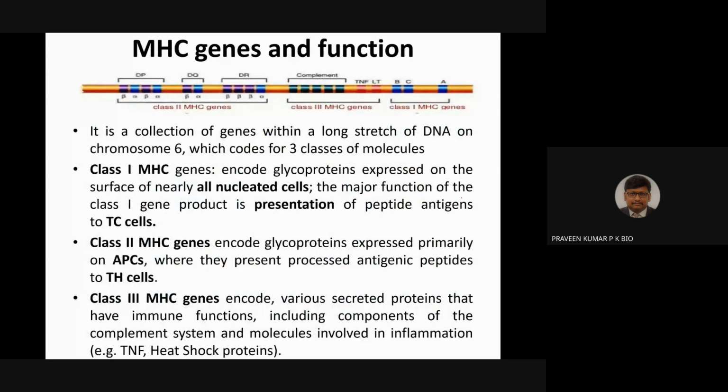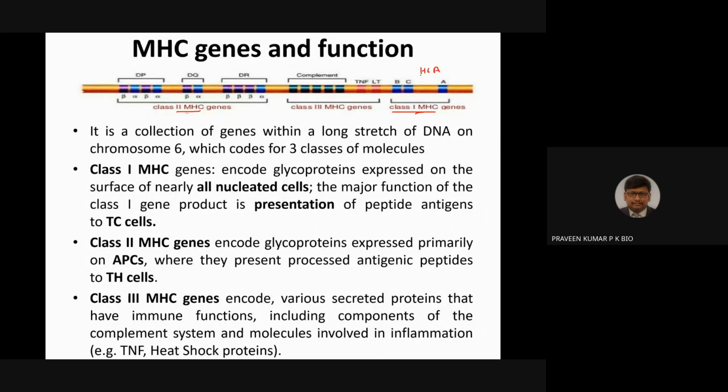And if you see the MHC genes and function, we have two major types of genes, class 1 and class 2 MHC genes. In proteins we call this major histocompatibility complex proteins, but if you call them genes, we call the genes HLA, that is human leukocyte antigen.